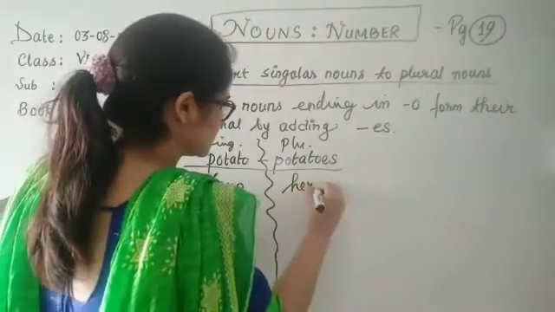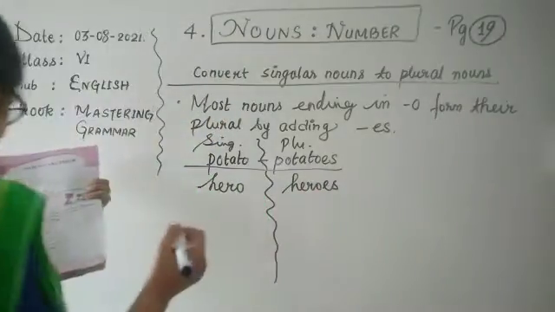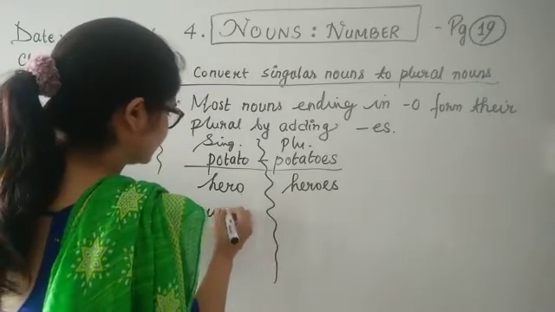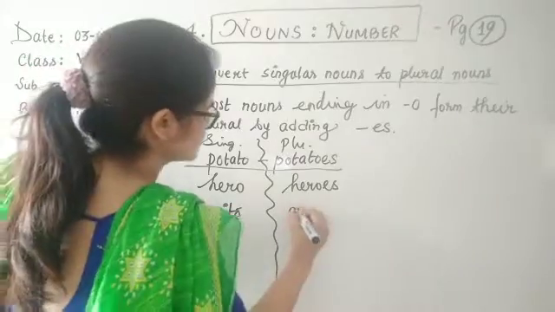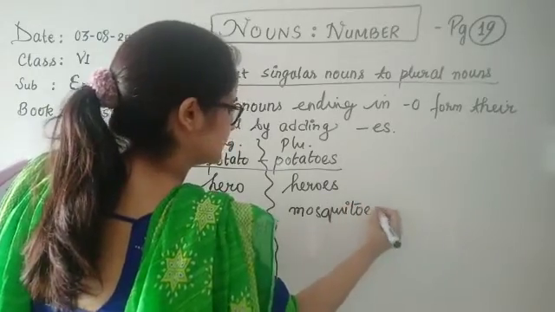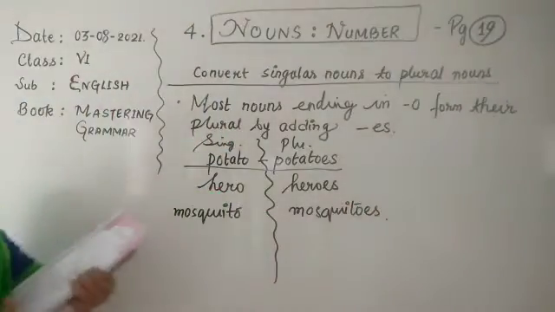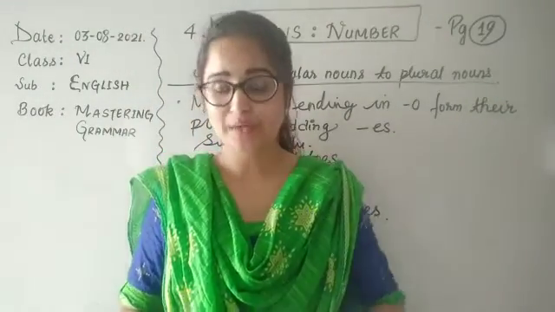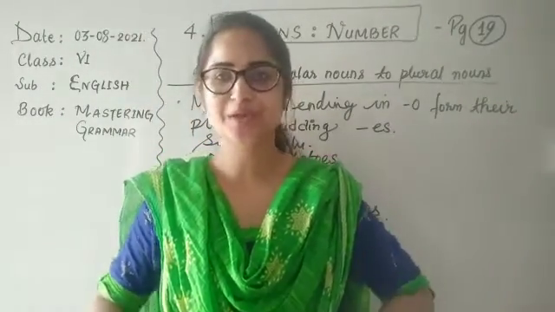Heroes. Mosquito ending in O again, so it will become mosquitoes. So there are lots of examples given here. Tomato becomes tomatoes, then mango becomes mangoes, torpedo becomes torpedoes.